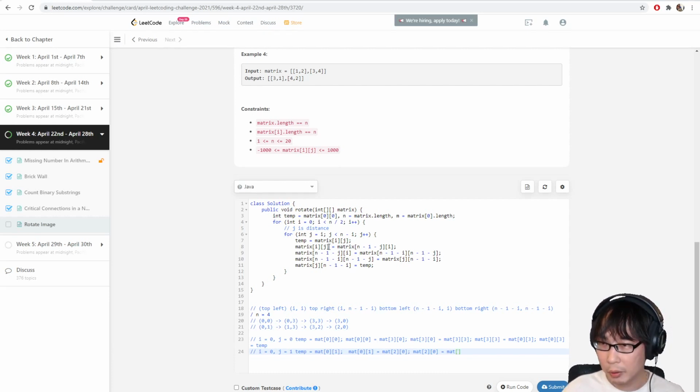So 2, 0 is, this is 4 minus 1 minus 0. Why do I think it's wrong?